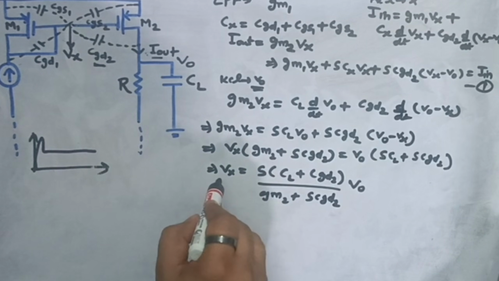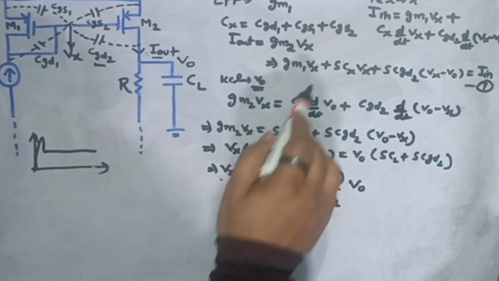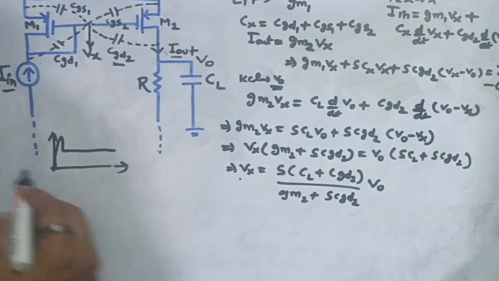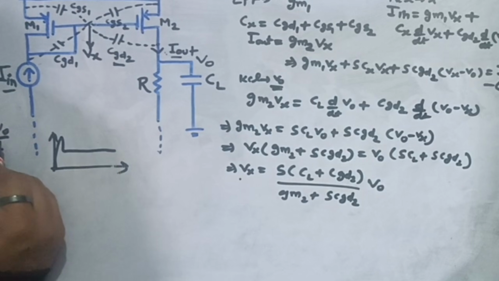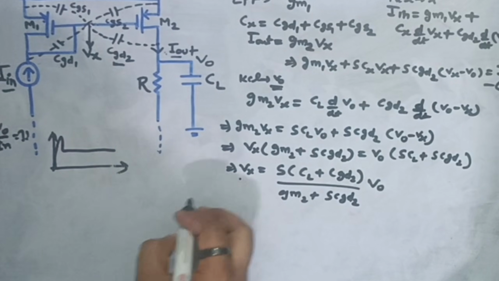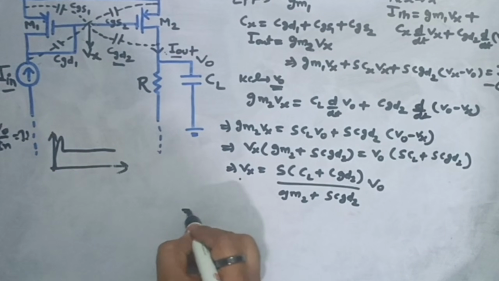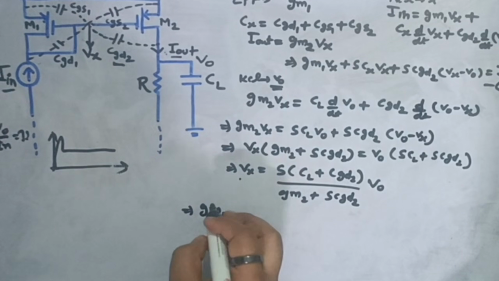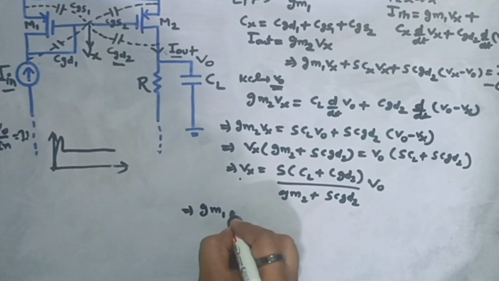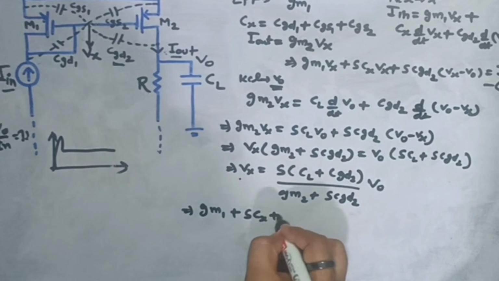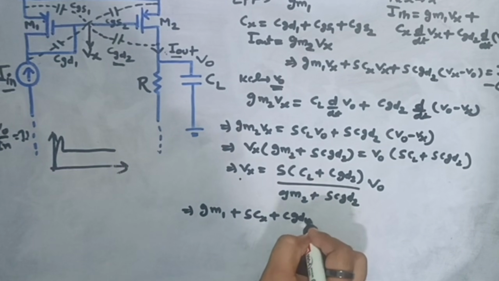Now if I put this Vx value in equation 1, I will get V naught upon I in, and that's what we need to find. We need to ultimately find V naught upon I in. So in order to find that, let's put this value of Vx, which we have calculated, in equation 1. I can write equation 1 as: I can take Vx as common here directly, so gm1 plus s into (Cx plus CGD4).